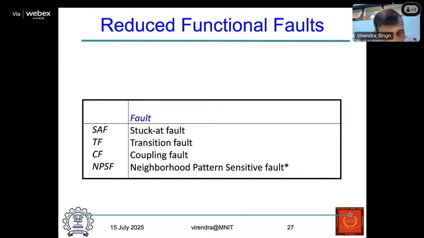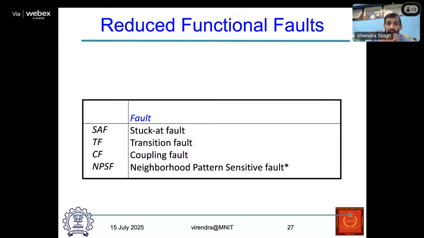Now another very important kind of fault, and people really say these are a pain in the neck. Sometimes some particular pattern in the neighborhood of a cell, like when all the inputs in the vicinity of a cell are 1, in that case this particular cell is likely to flip to 1.